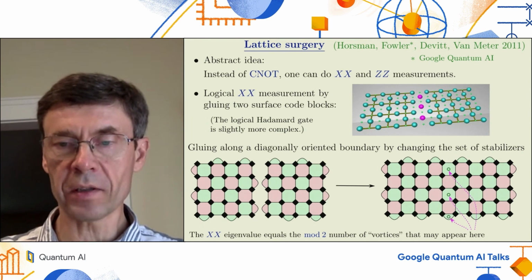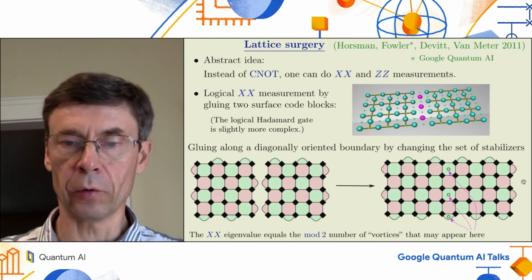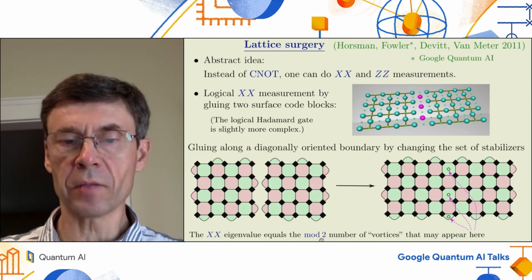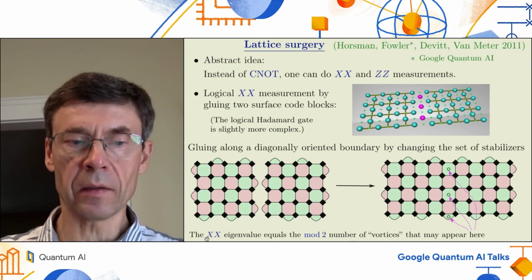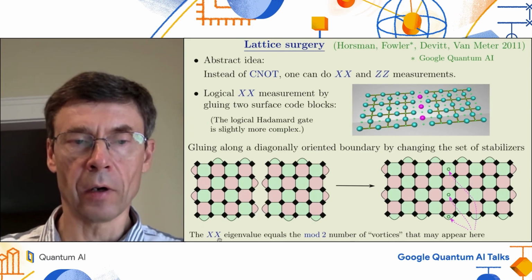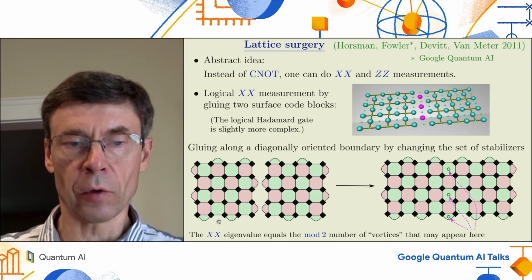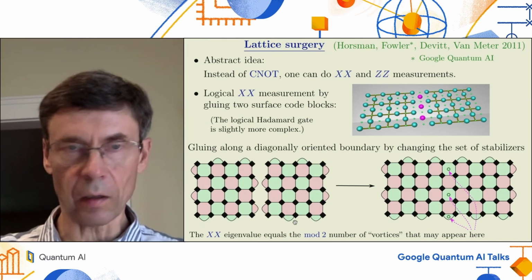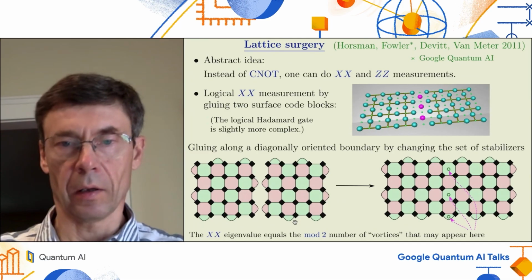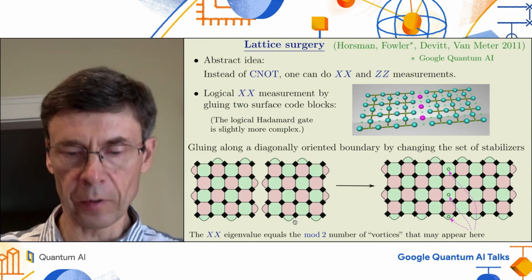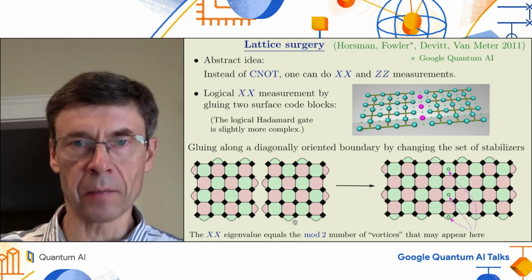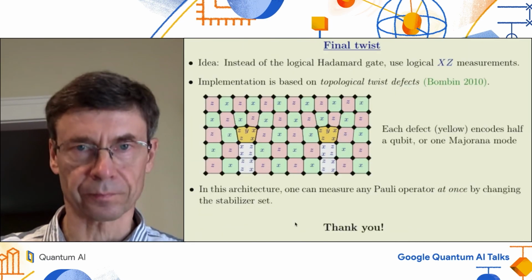Vortices appear or do not appear randomly, but the total number of vortices modulo 2 indicates the XX eigenvalue of the initial quantum state on the two logical qubits. This is one scheme that will hopefully be implemented at some time.